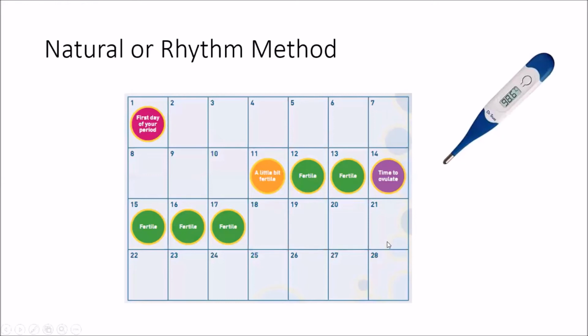So basically with the natural or the rhythm method, they are going to be restricted from having sex on certain days, and that would be during those days where the female would be the most fertile. Okay, so I guess to re-explain this one more time, remember with the natural or the rhythm method, two things are occurring.